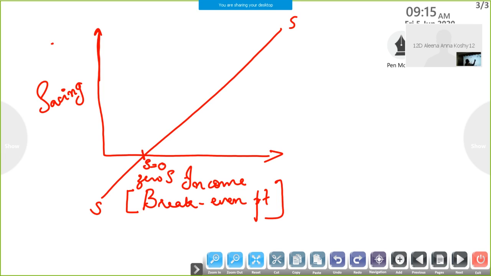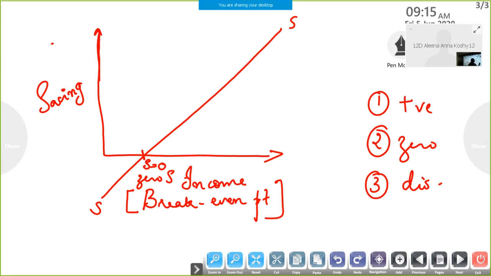Okay. First situation is positive saving. Second situation is zero saving. And third situation is dissaving. So this part we can take as positive saving. Why? Here income is greater than consumption. Zero saving shows income is equal to consumption. Negative saving, this part shows dissaving.